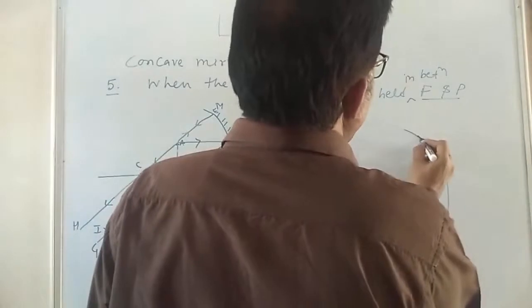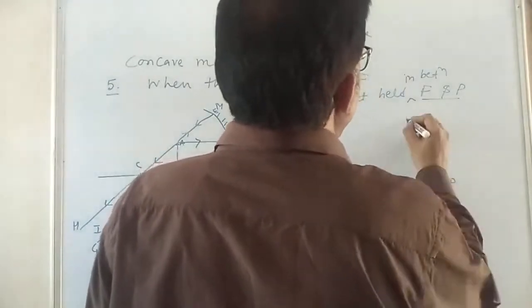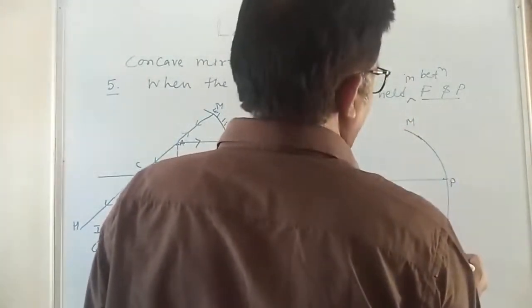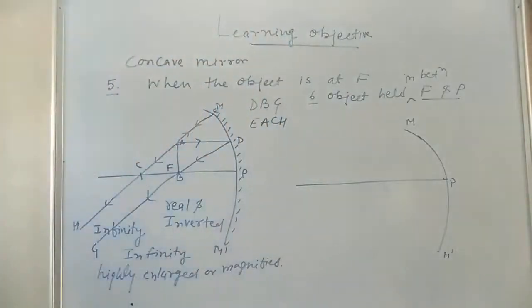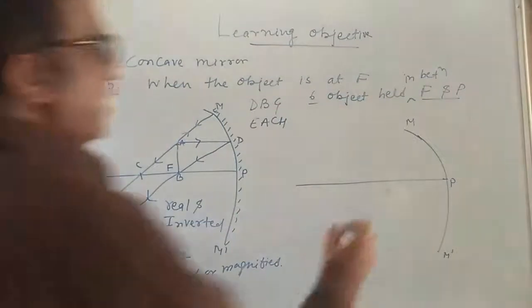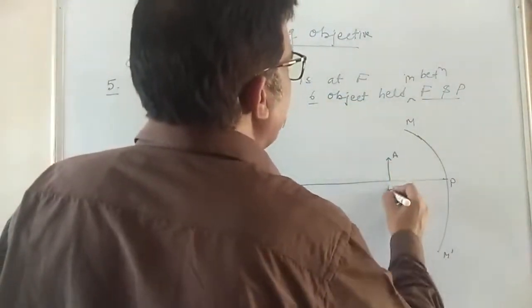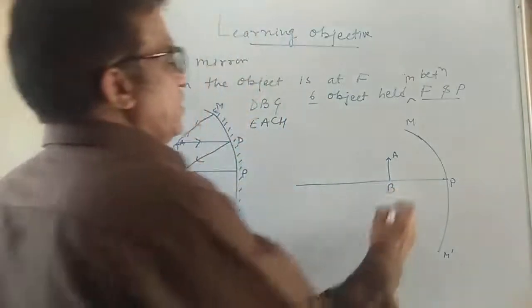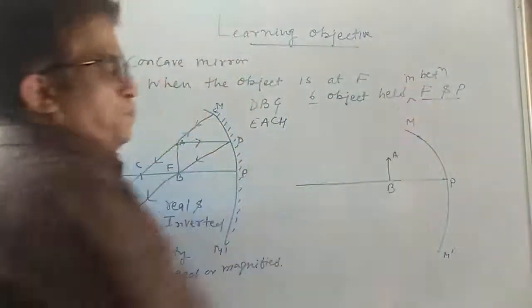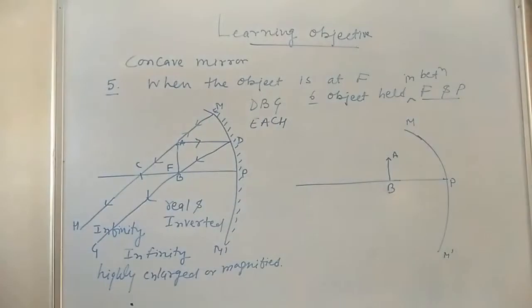This is our mirror, pole, M dash. Now, the object is here. Say the object I am taking here is AB. It is in between pole and focus.